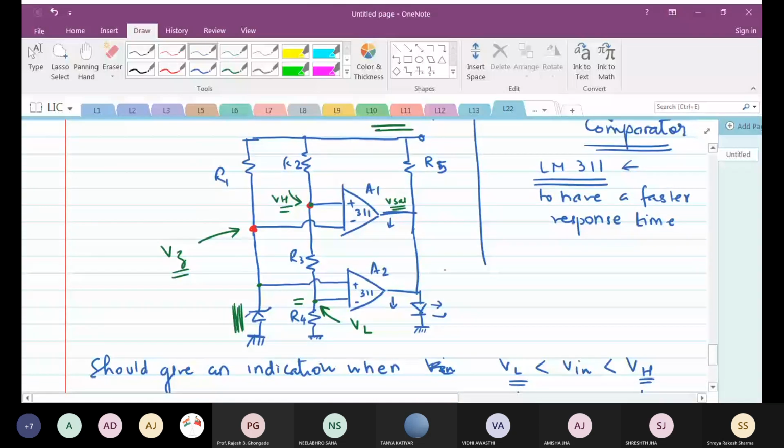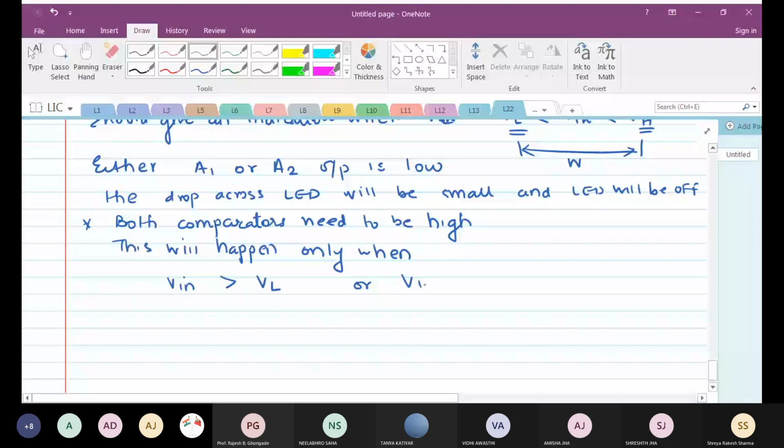So this will happen only when Vin is greater than VL and Vin is less than VH. Yes, sir. Got it now.